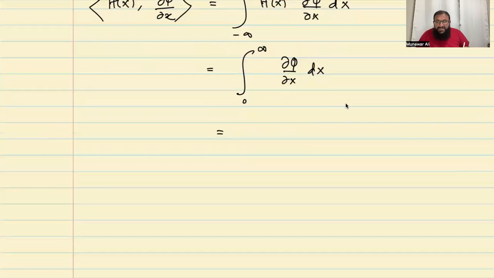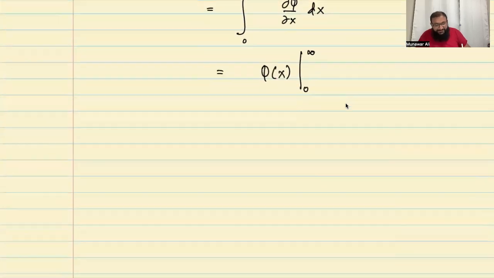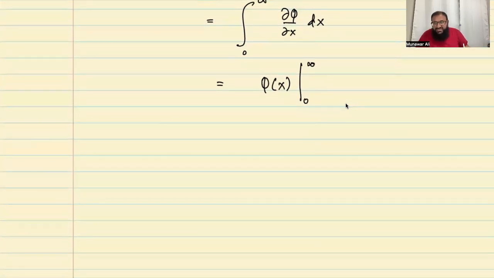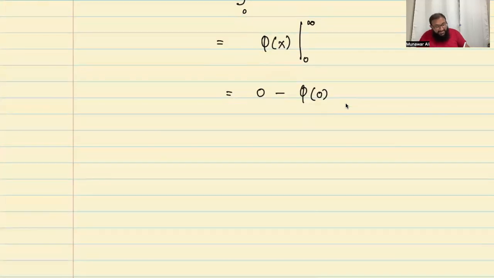The integral of the derivative of phi is phi of x, and I'm going to evaluate from 0 to infinity. So phi at infinity is 0 because it's a test function. Then I'll get 0 minus phi at 0. So phi at infinity is 0, and phi at 0 I'm going to write. You know very well I can write this thing as delta naught evaluated at phi of x.